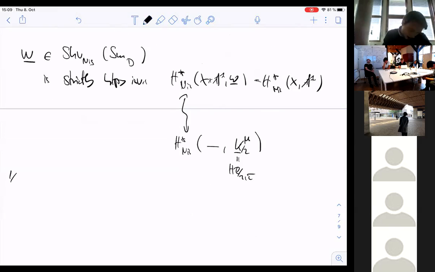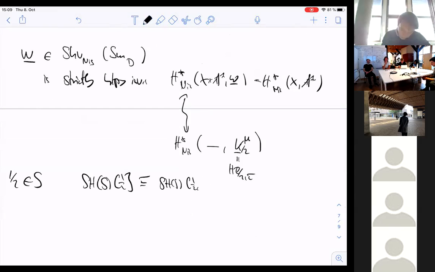Right. We have 1/2 in S. This is used for a variety of reasons, but it starts with this: SH of S[1/2] is the same thing as SH of S[1/2] with eta inverted, together with SH of S[1/2] eta-complete. The eta-periodic part we understand.